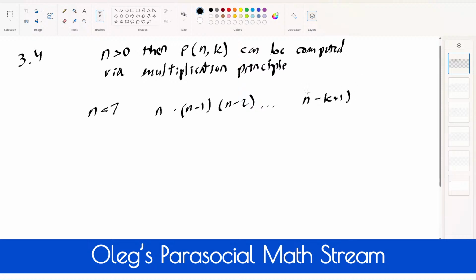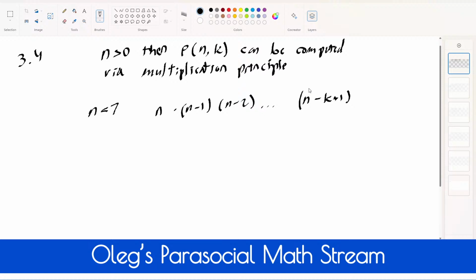Okay, so, all right. Notice that the number of choices for the ith position is n minus i plus 1. Where did I put the i position? The kth position? They're referring to the kth position. They must have put a misprint there.